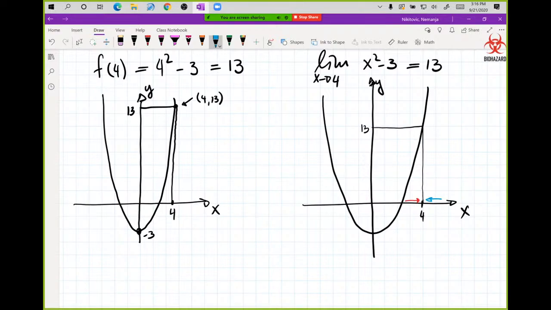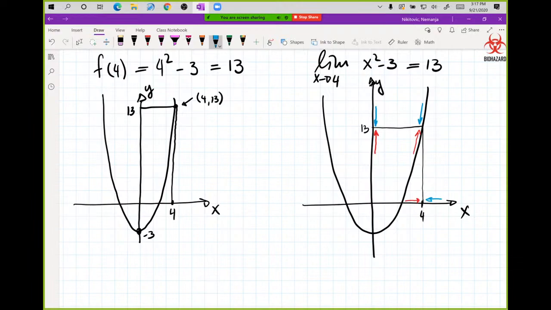Now this motion on the x-axis, as you are picking points closer and closer to 4, let's say in a red set, translates into a motion of these answers going up this line, which translates on the y-axis to going up to 13. And from the blue side, from the right, you have exactly the opposite. So these guys collapse at 13 from both sides, and then they agree that the answer is 13.